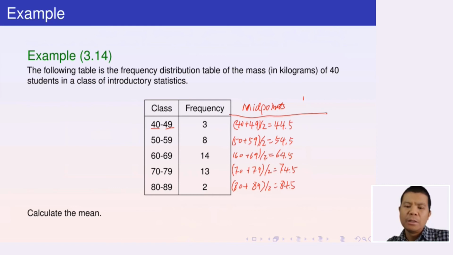And then now we find the products. So all the products, that's xf, where x are the midpoints.